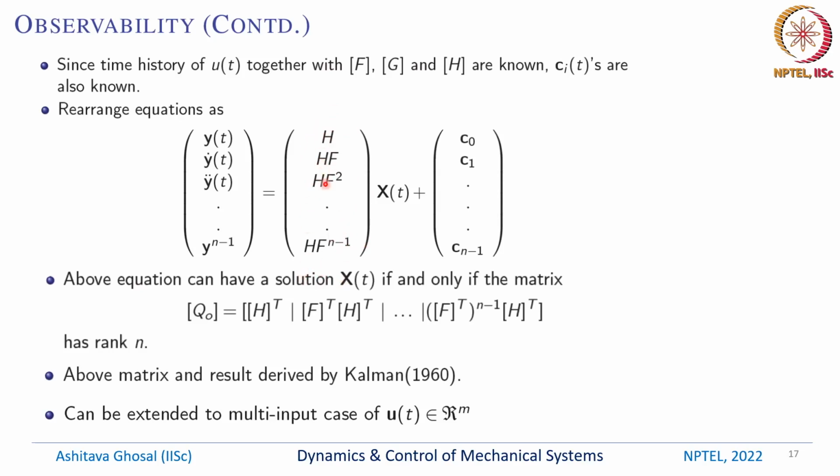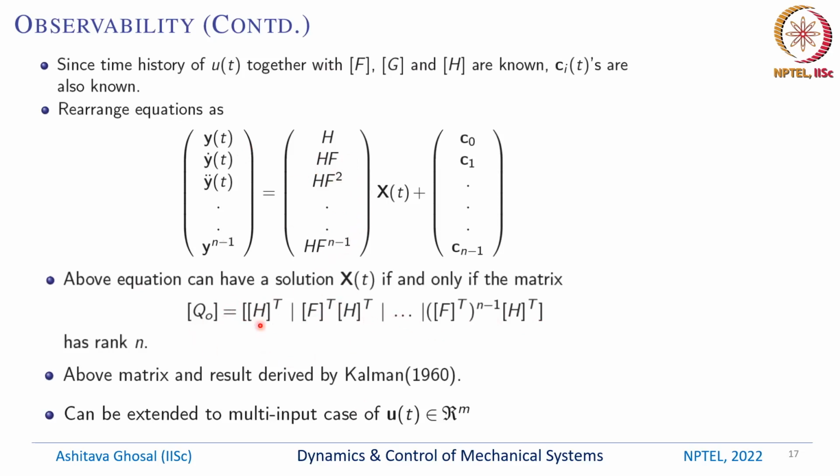Now instead of writing it in this form, we are going to write it in this form, which is h transpose, then appended with f transpose h transpose, then appended with f transpose square into h transpose, and all the way till f transpose to the power n minus 1 h transpose. So this is a matrix which is exactly the same as this. It is written in a form such that it can fit into a line.